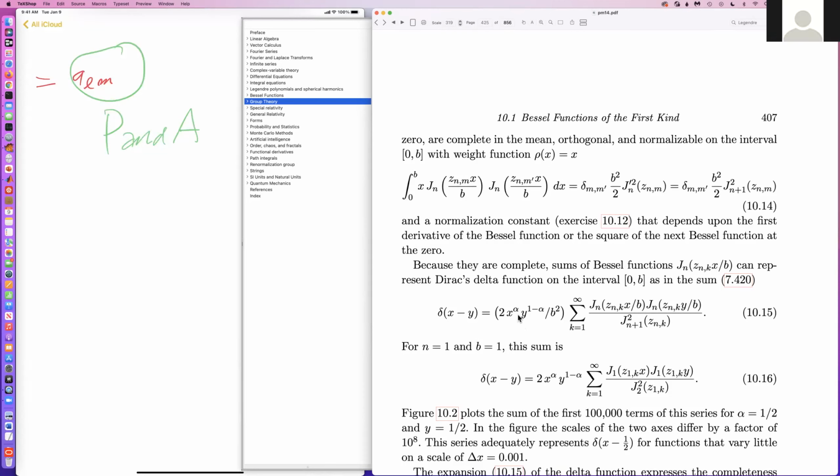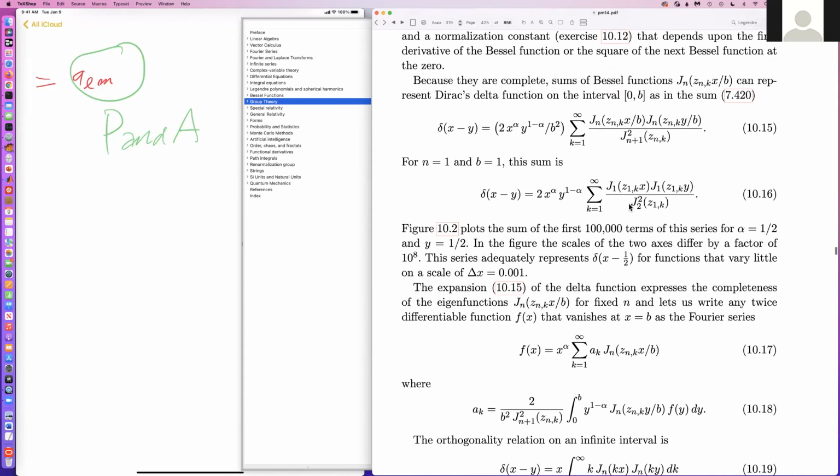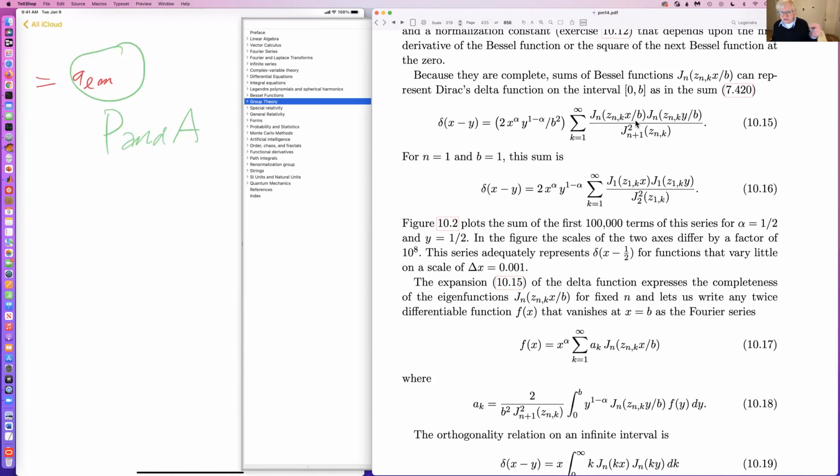But the weight function can be distributed alpha parts x and 1 minus alpha parts y, or this could have been replaced by just x or by y. If we set n equal to 1 and b equal to 1, then this sum is somewhat simpler. In other words, we say the interval goes from 0 to 1.